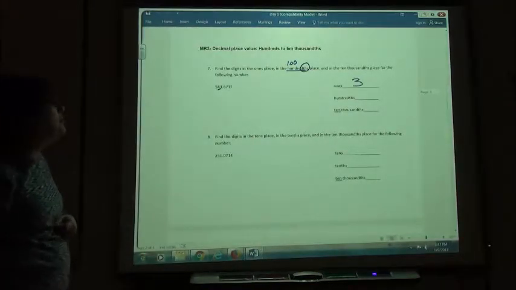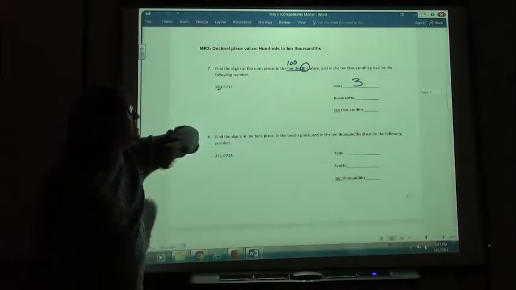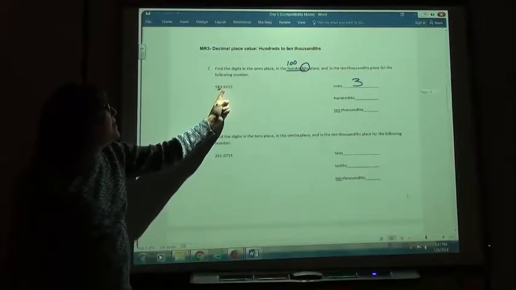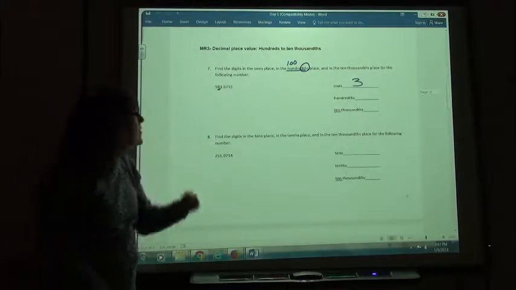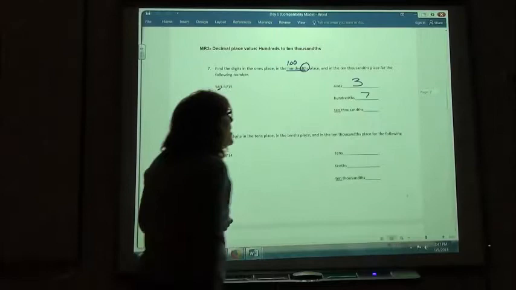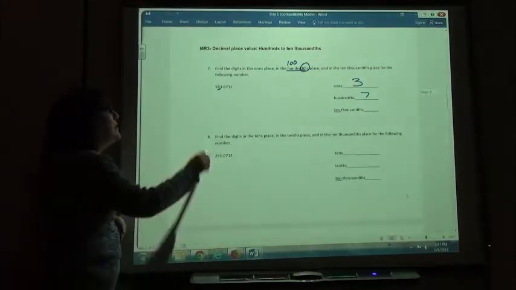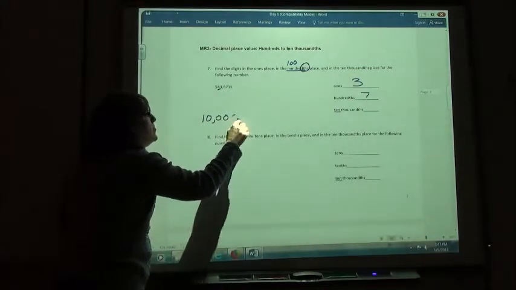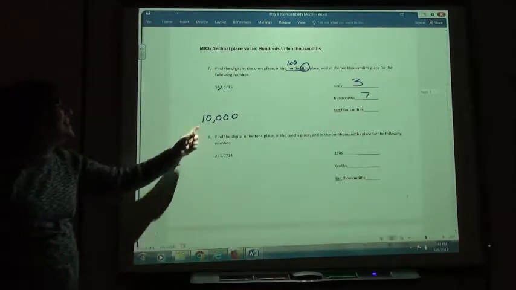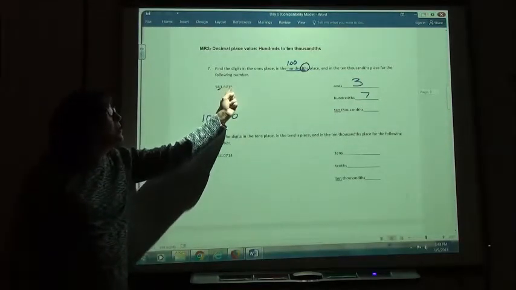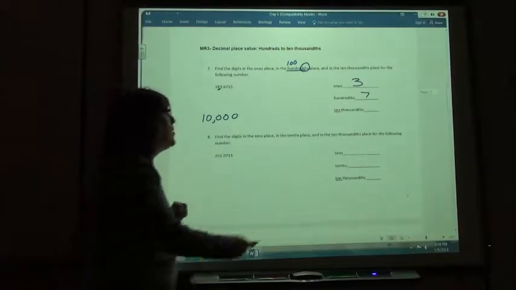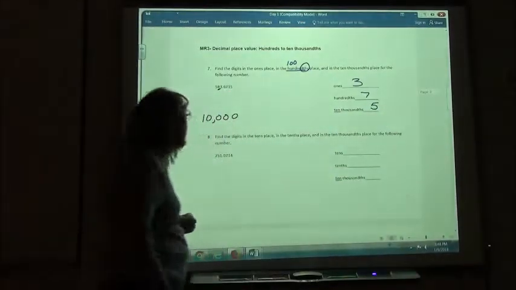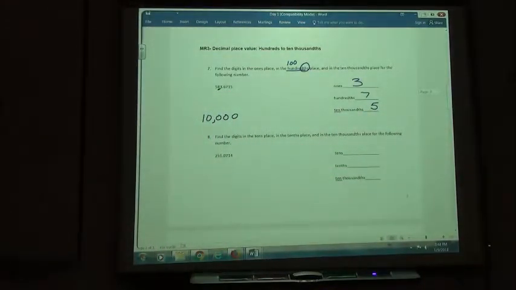My hundredths place, 2 zeros in 100, so 2 places after my decimal. The 7 is in my hundredth spot. 10,000ths, again, if I write the word 10,000 or the number 10,000, it has 4 zeros, so I know it's going to be 4 places after my decimal. The 5 is going to be in the 10,000th spot. So if it's just a plain S, it should be in front of the decimal. THS, it should be after the decimal.